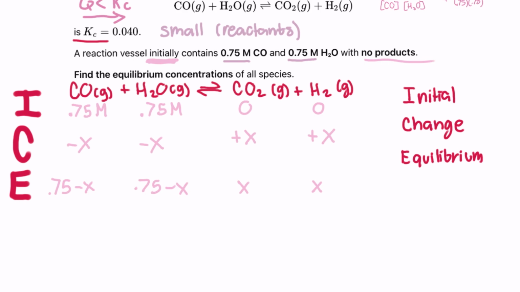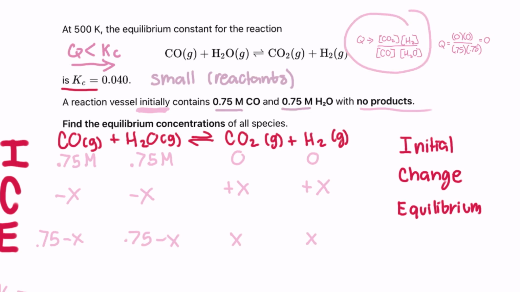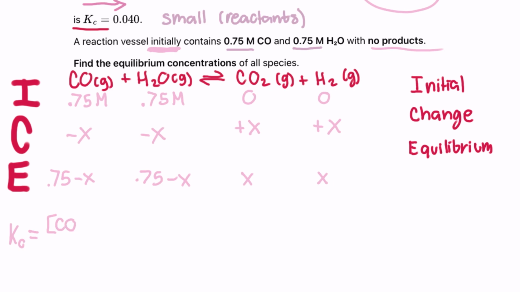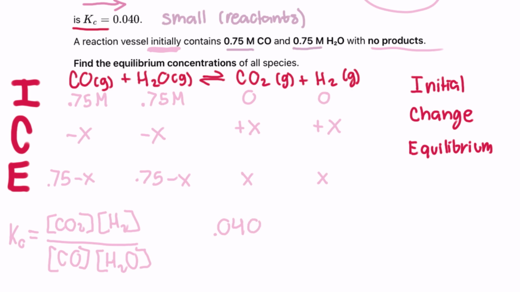Now, we still don't know what the concentrations of all the species are at equilibrium, but we have Kc, which is the equilibrium constant, and we know that it's the same expression as this. Since we are given the Kc value, we will plug in all the concentrations.